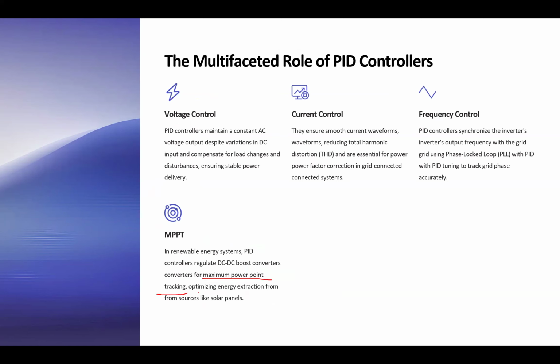It doesn't matter what parameter, to be honest, you want to control in PID. You have a desired value, you have a current value, and you want to push your current value to your desired value. You are using a feedback loop to calculate the error and apply the correction.